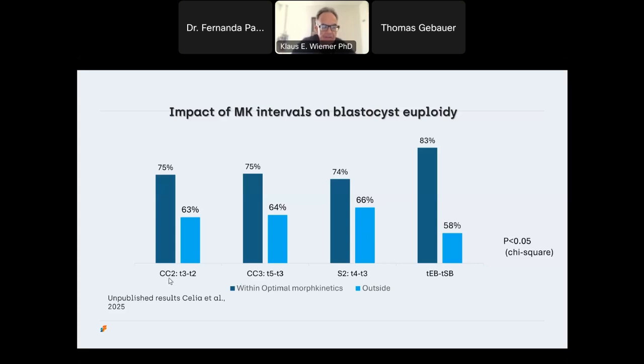So we're looking at cell cycle 2. We can see embryos that occur within the optimal time, 75% of those are euploid versus 63% that occur outside of these windows. And you can clearly see a pattern that embryos that complete their cell cycles within these time intervals are much more likely to be euploid than their counterparts.